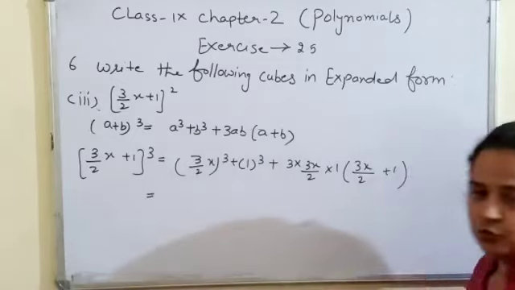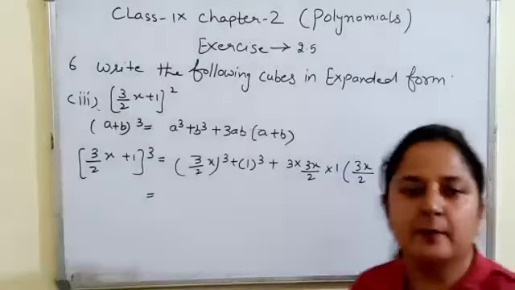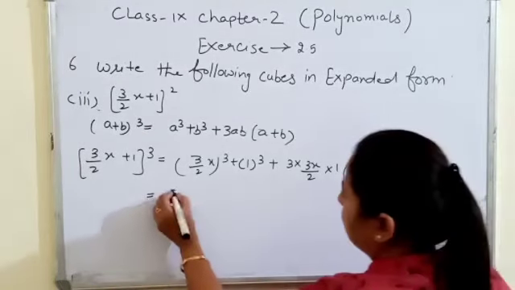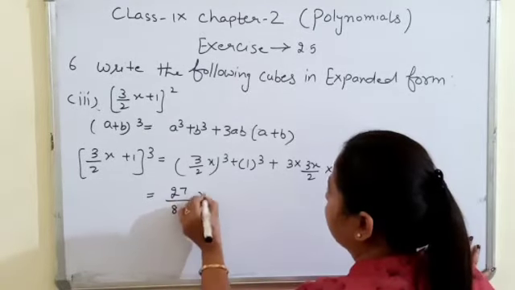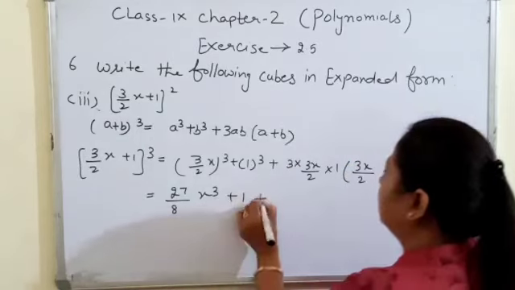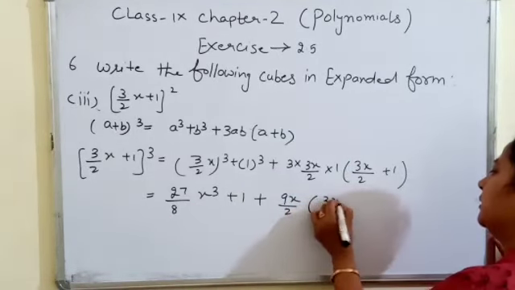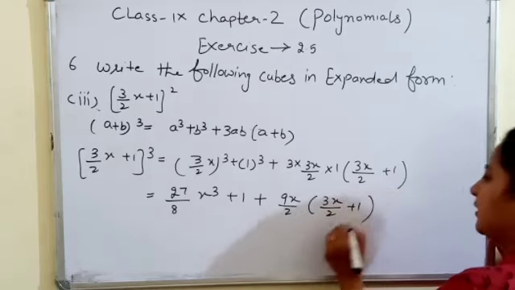So 3 upon 2 cube, it means we have to multiply 3 by 2 up to 3 times. So that is 3 3 is a 9 and 3 27 by 8 x cube plus 1, 3 into 3, 9x by 2, 3x by 2 plus 1.